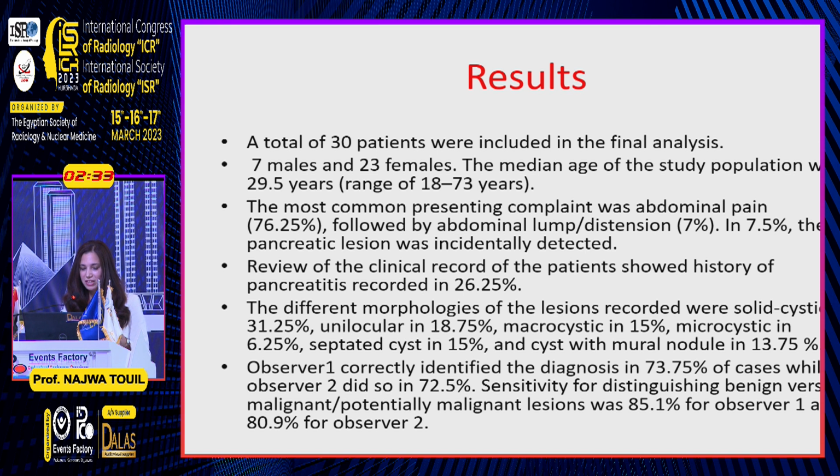Observer 1 correctly identified the diagnosis in 73% of cases, while observer 2 did so in 72%. Sensitivity for distinguishing benign versus malignant lesions was 85% for observer 1 and 80% for observer 2.